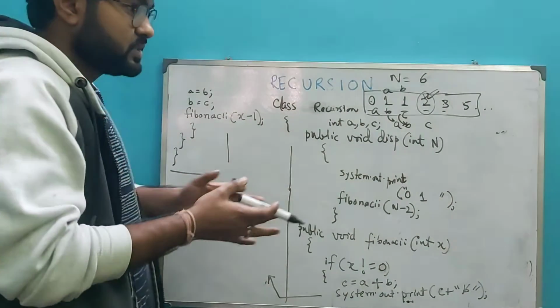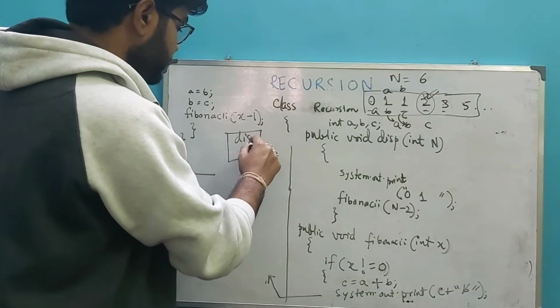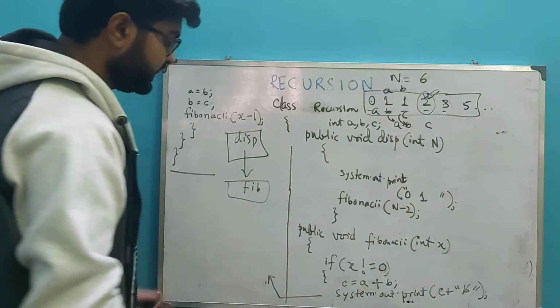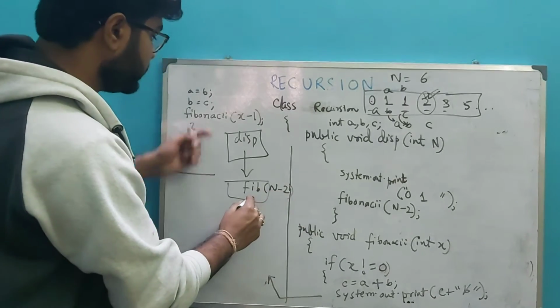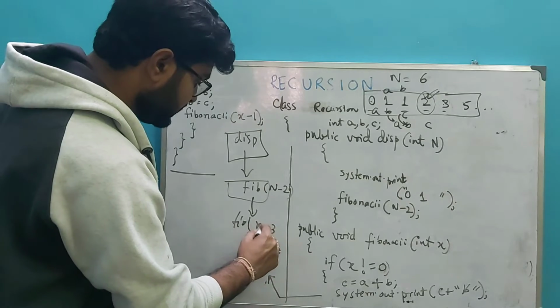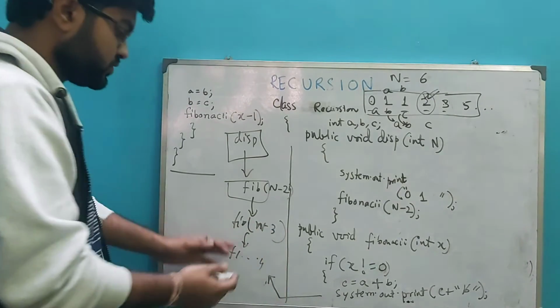Like there would be a stack created in the memory. Like this is the method disp. Disp is calling this method Fibonacci. I am writing in short form fib. Fib of n minus 2 would be called, and from fib of n minus 2 again fib of n minus 3 would be called, and from n minus 3 again fib of n minus 4 would be called, and so on.